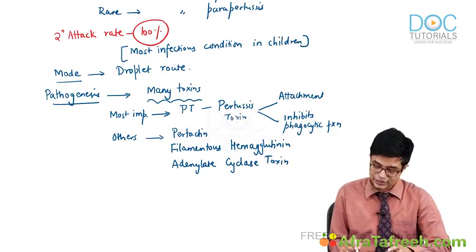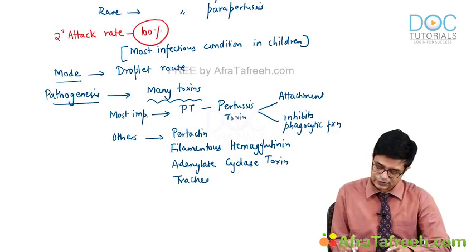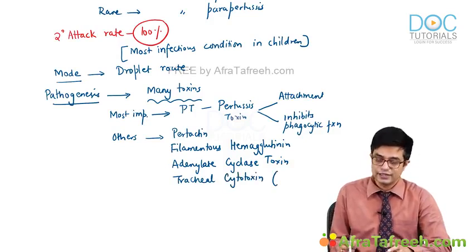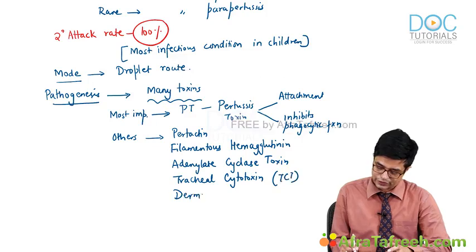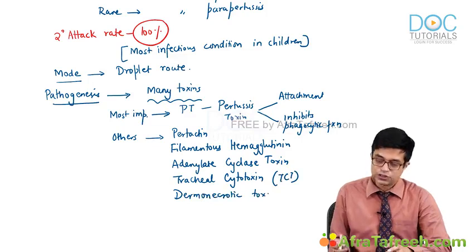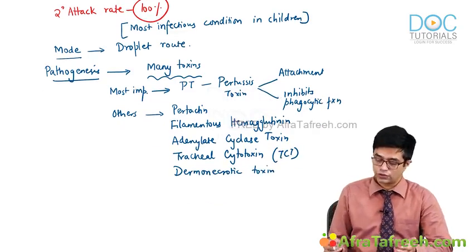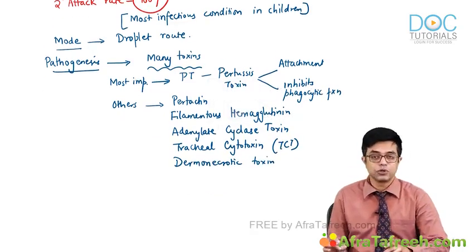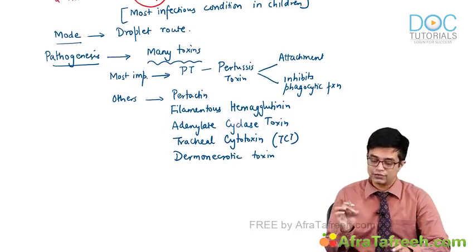They can produce tracheal cytotoxin, simply called TCT, and finally there is a dermonecrotic toxin. So these are the important toxins. In fact, pertussis produces 14 types of toxins, but these are considered the most important, and these are the ones which have been asked in entrance exams.